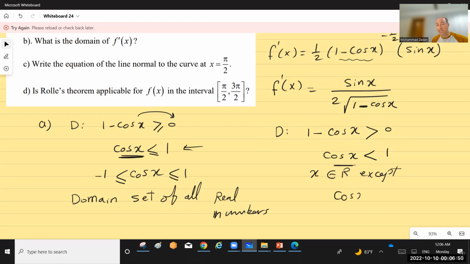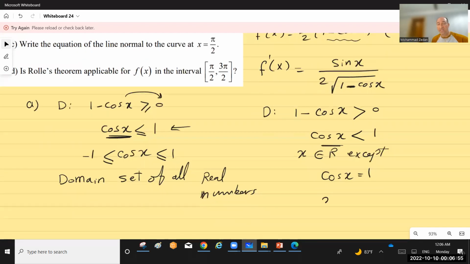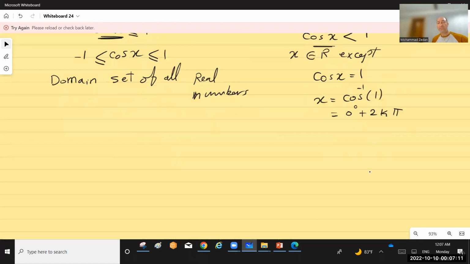And cosine x is equal to 1 at x equals cosine inverse of 1, which is 0 plus 2k pi, the main angle 0 plus complete periods.